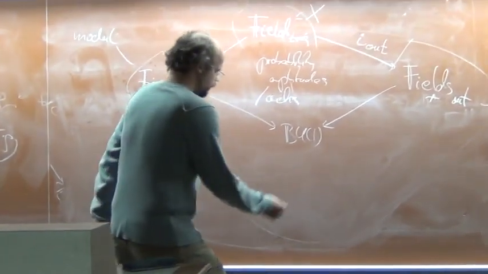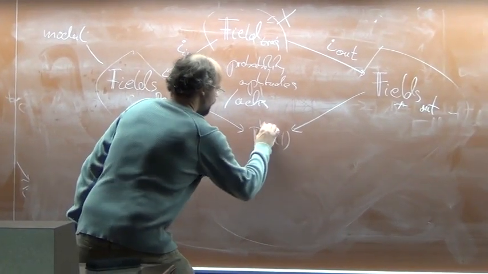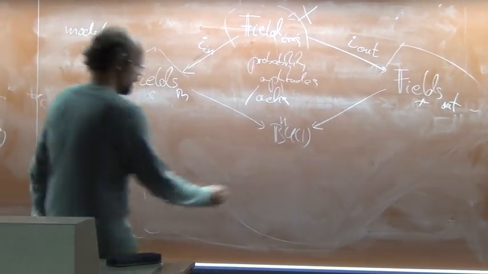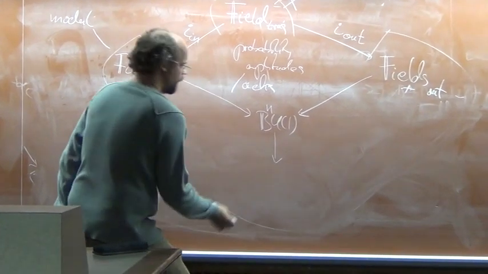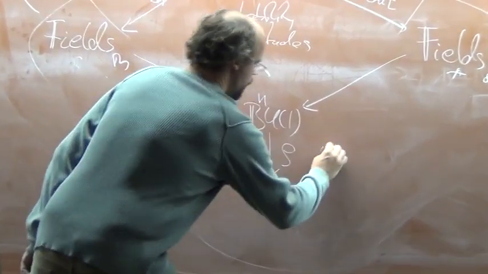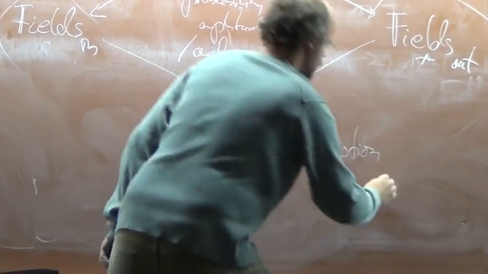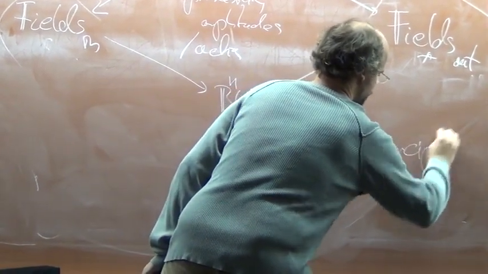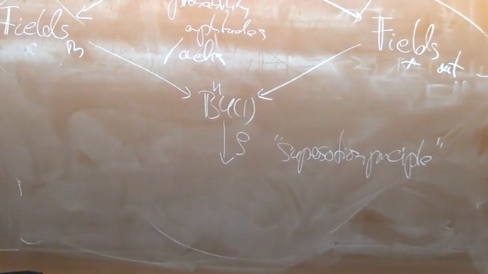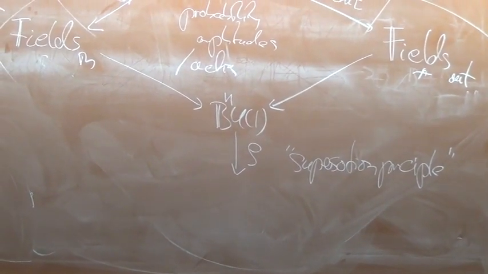It almost appeared in Urs's talk, so let me write n here. We're going to fix a map rho, which I will call the choice of superposition principle.